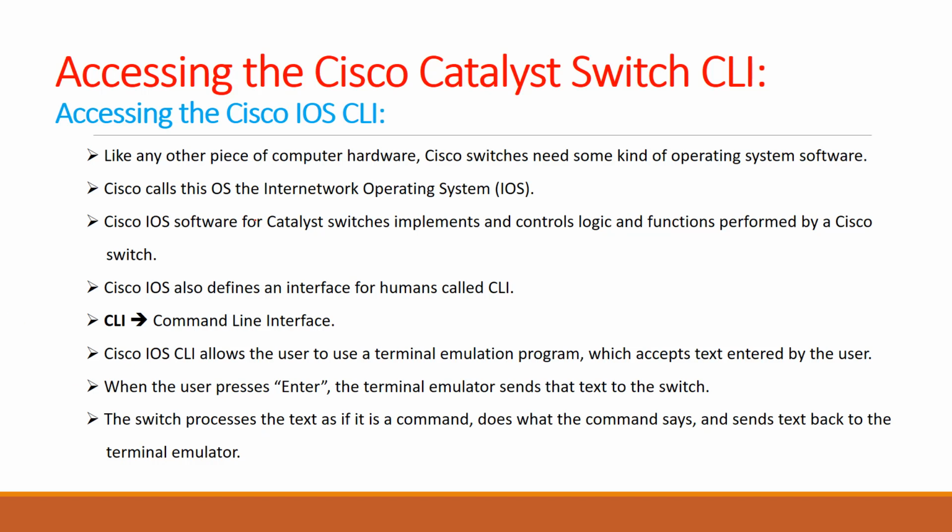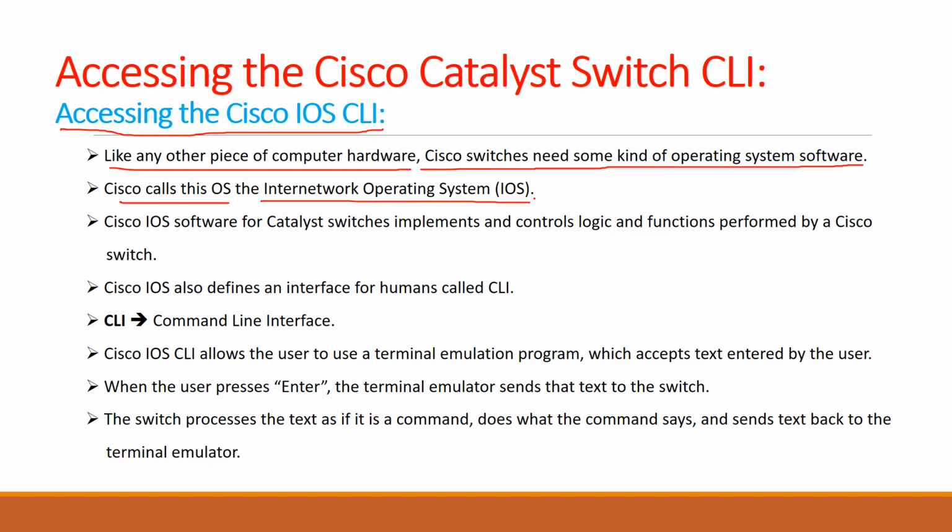So now let's discuss accessing the Cisco IOS CLI. How to access the Cisco switch IOS command line interface. Like any other piece of computer hardware, Cisco switches need some kind of operating system software. So Cisco calls this OS the Internetwork Operating System, or the IOS.